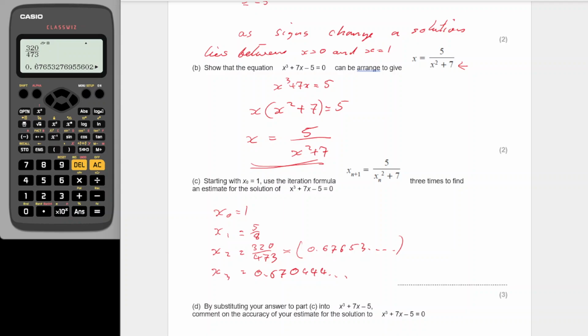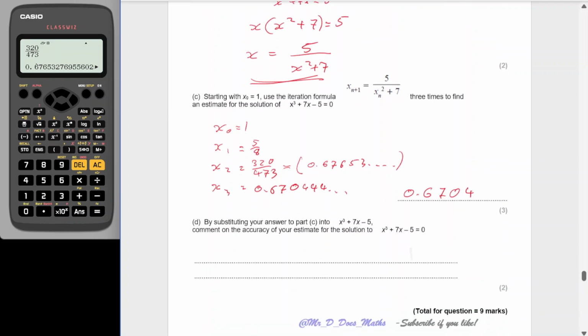Technically speaking, if I'm only using these values, I should really only put 0.7, because I haven't done it enough. Currently this rounds to 2 decimal places to 0.68, and this would round to 0.67, so they haven't got a common value that they round to, so I would need to go more accurate, but that's more of an introduction to the A-level spec, so I'm going to put that.